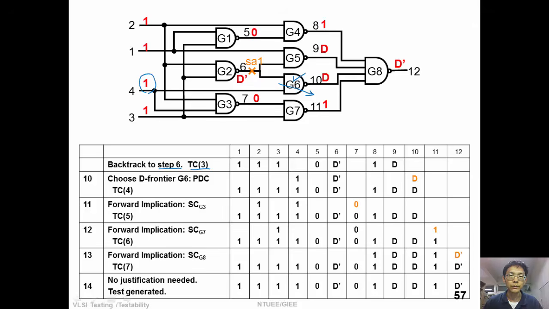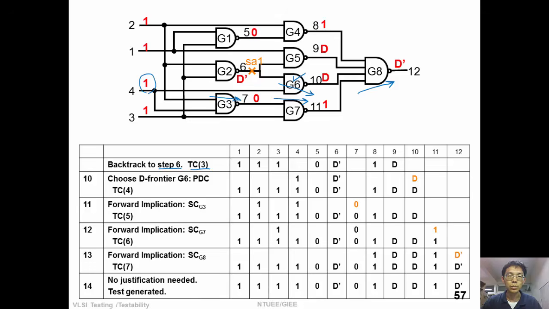And then we perform forward implication. We get signal 7 is 0, and then we forward implicate through G7. We get signal 11 to be 1, and eventually we have the output to be D prime.